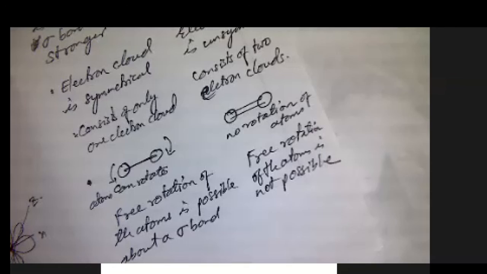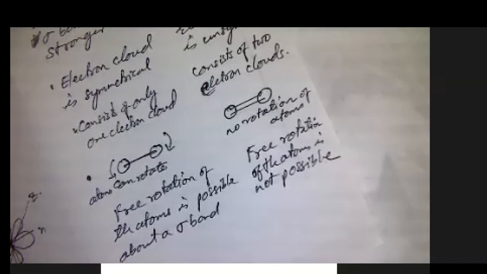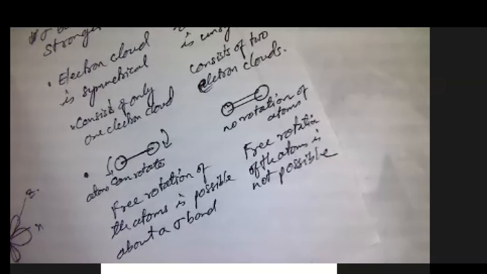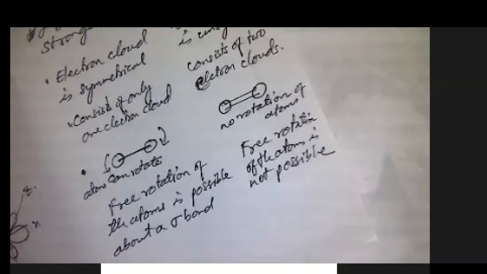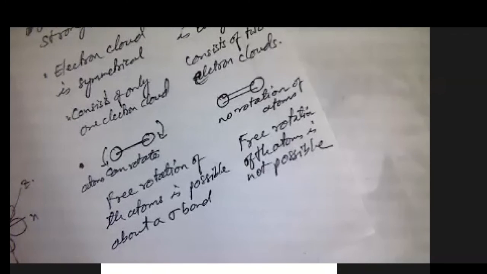And when atoms are connected with a sigma bond only, they can rotate. When connected with pi bonds, they cannot rotate. These bonds are directional. I've told you why they are directional, because they combine in a particular direction. In different directions they cannot combine.